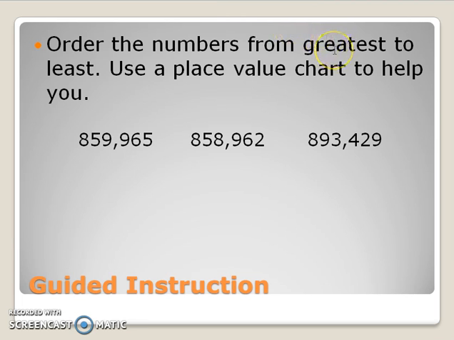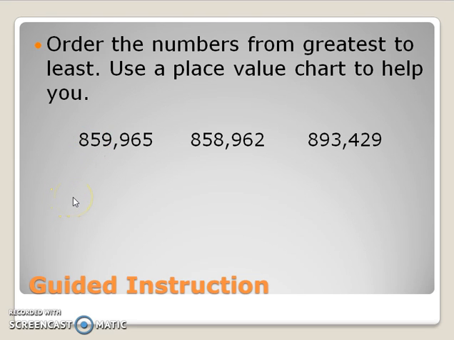As you can see, this one's asking us to go from greatest to least. So we're going to look at the values in the 100,000s place value. The digits are 8, 8, and 8. So we can't compare those numbers there. We're going to look at the 10,000s place value. We have a 5, a 5, and a 9. So if we're going to place the greatest number first, we know that 9 is greater than 5 in both of those place values.